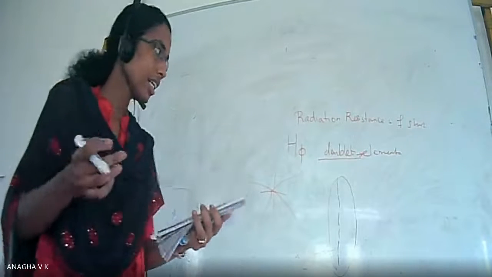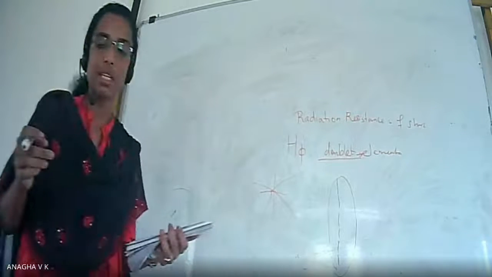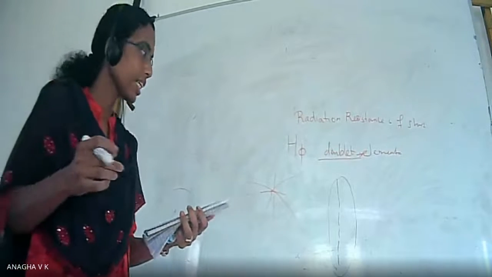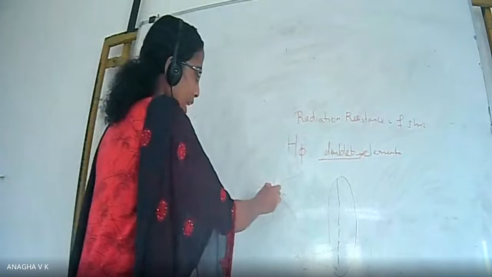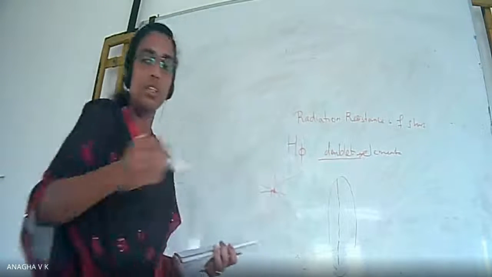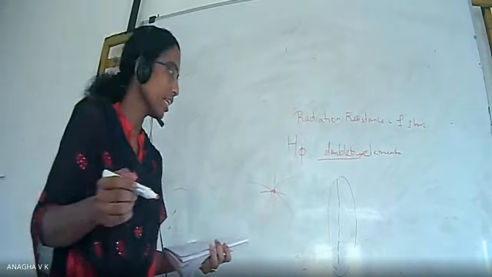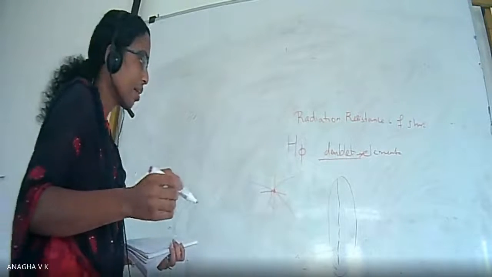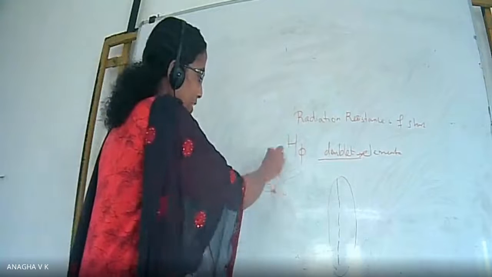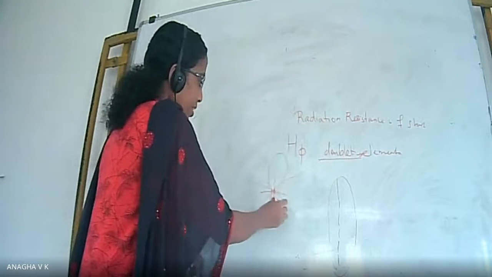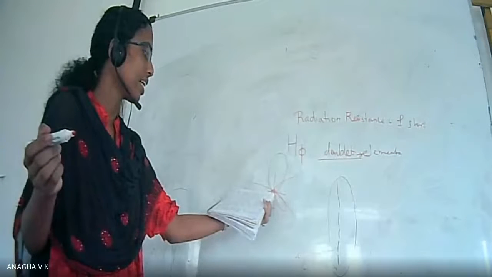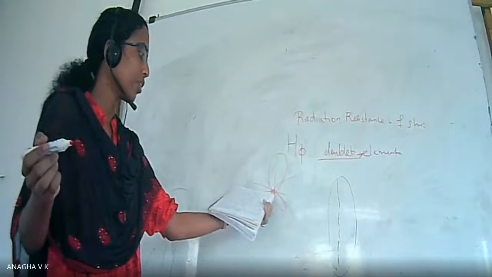So how do we draw the radiation pattern? We draw the radiation pattern by treating the dipole at the center of the spherical coordinate system.